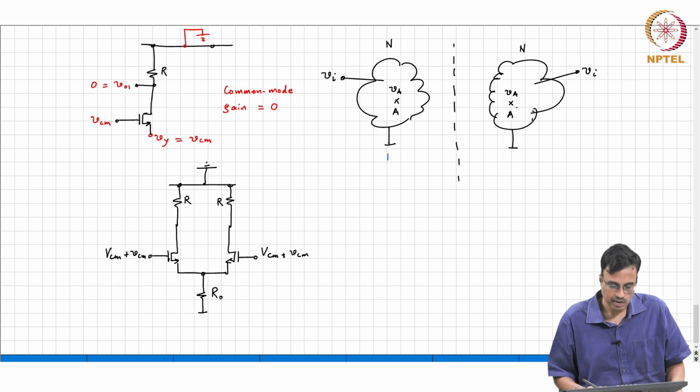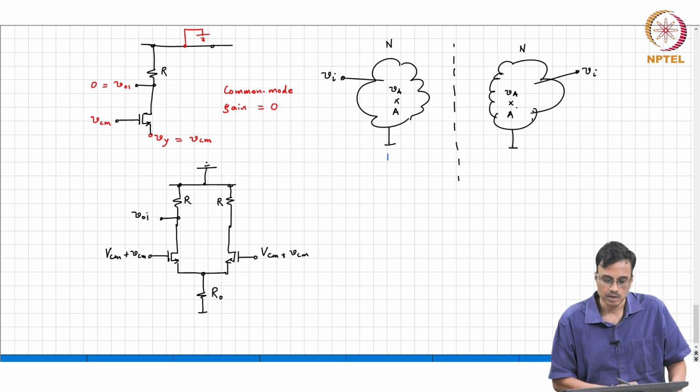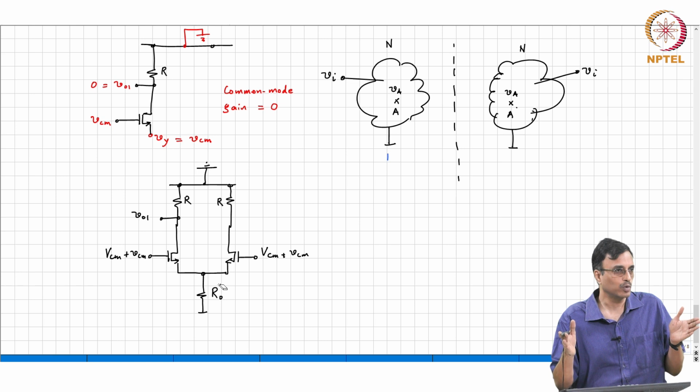Now to analyze this, again we see symmetry and we want to find out what this VO1 is. How will we analyze this circuit? Can we exploit half circuit analysis? Yes, half circuit analysis means that we have two identical circuits with something going from one side to another.